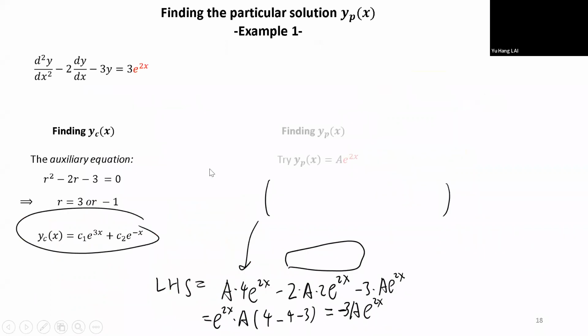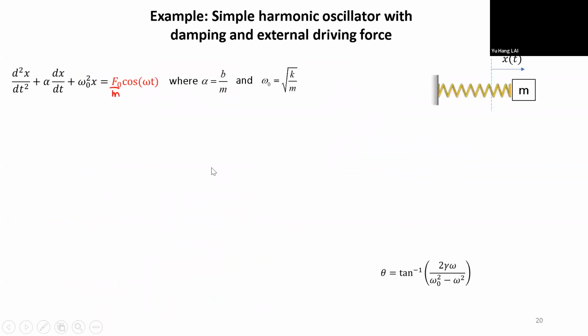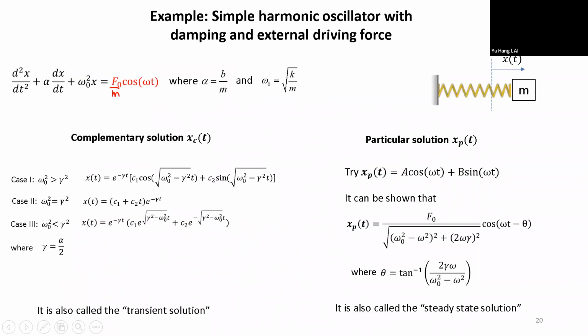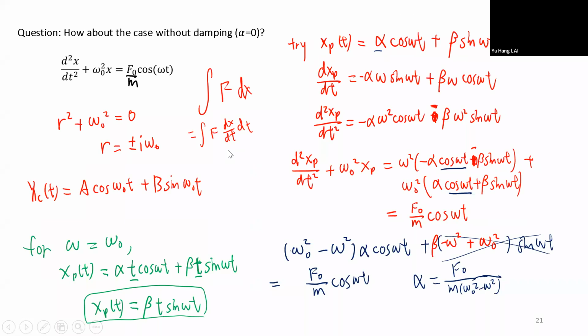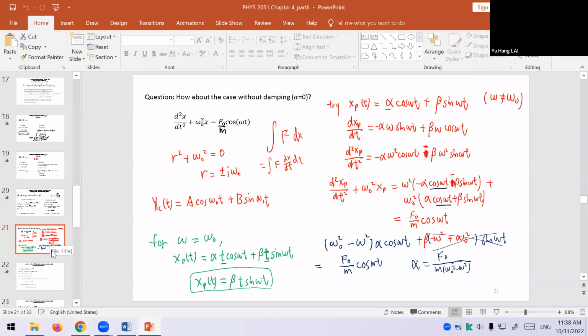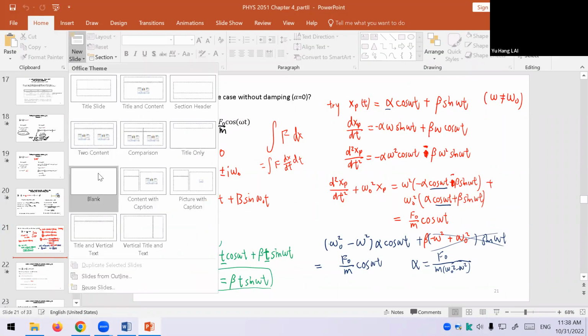So before we move on to the next method, let me make one remark here. We have been using this concept of non-homogeneous and homogeneous differential equations for second order ODEs, right?